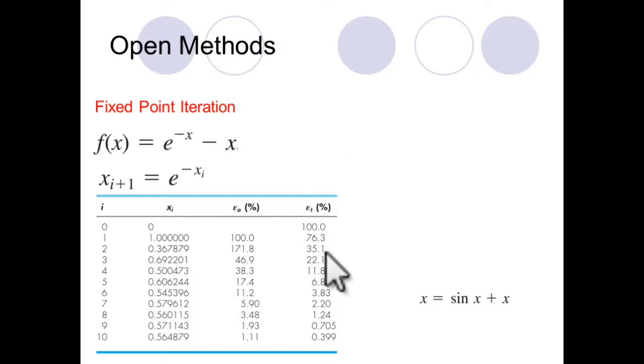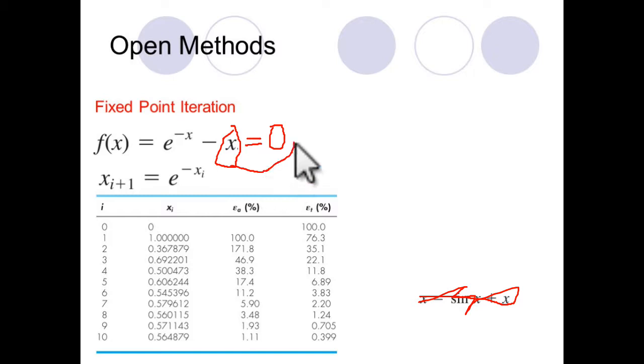So this is basically the fixed point iteration. Let's see how the values are changing. For example, here we have a function e to the power minus x. This is our function. Sorry, just don't see this part. This is a mistake. This should be here. Then we take out this x, because this has to be equal to 0, and put it into the other side of the expression.